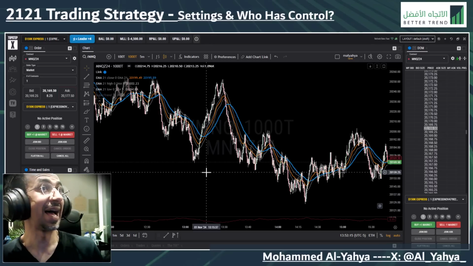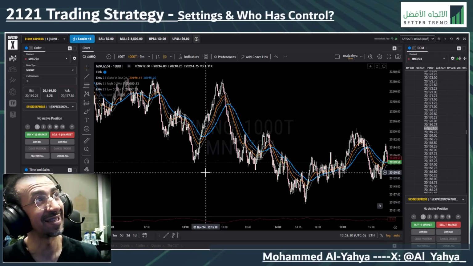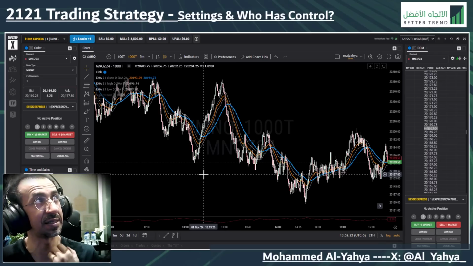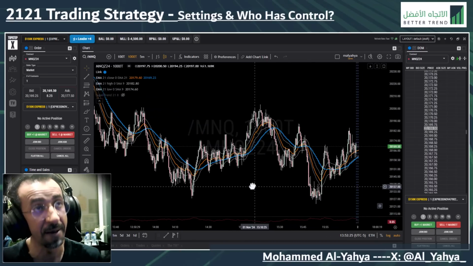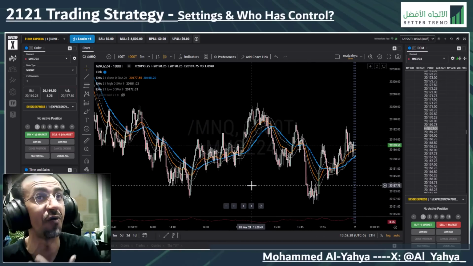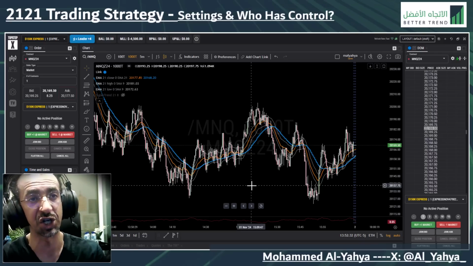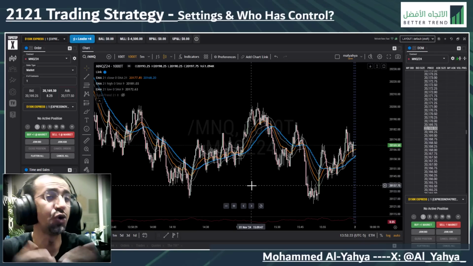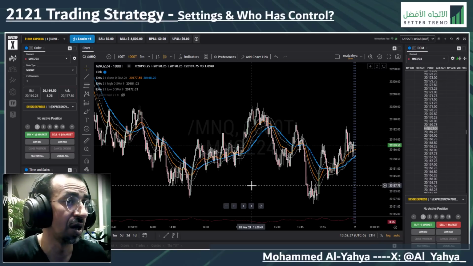It is not a signal. It is an indicator that indicates something, that is telling you something, giving you information about something, okay? And that's the role of an indicator. Each indicator is giving you information, okay? And how to use that information, you should make a strategy out of that information.